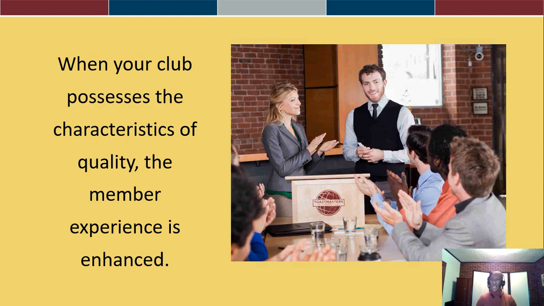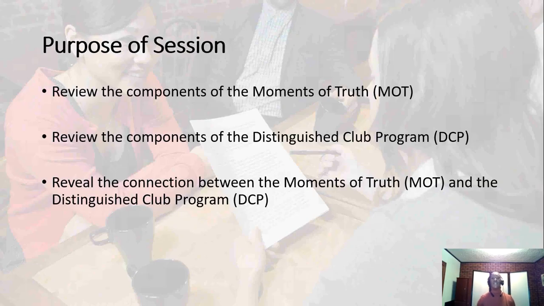Well, we will uncover that tonight, because tonight we're going to look at a few different aspects of what helps to make club quality. For instance, we're going to review the components of what's known as Moments of Truth. Moments of Truth is an evaluation program that we use to evaluate our clubs around the world.